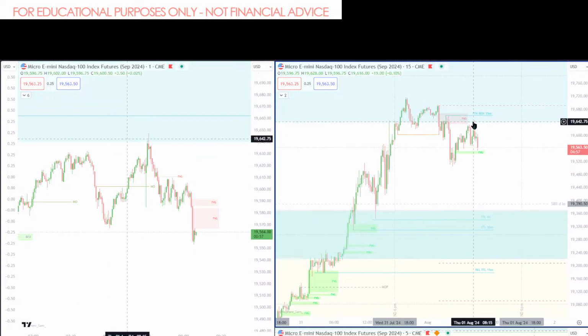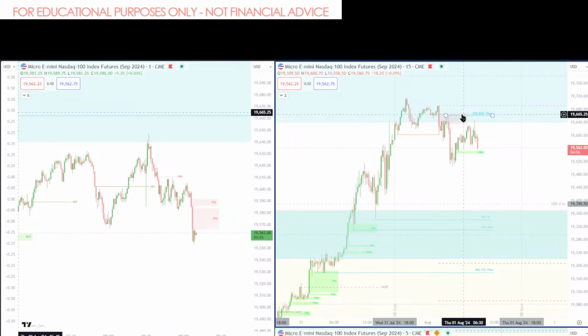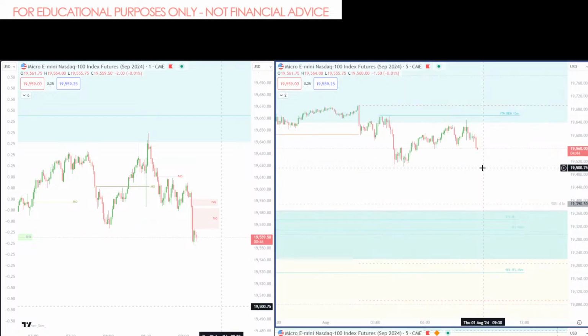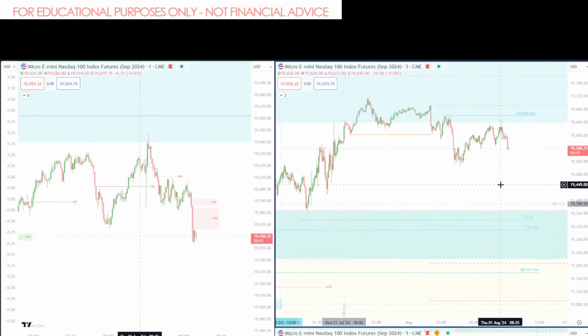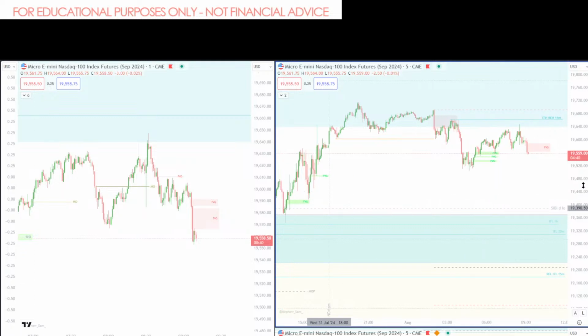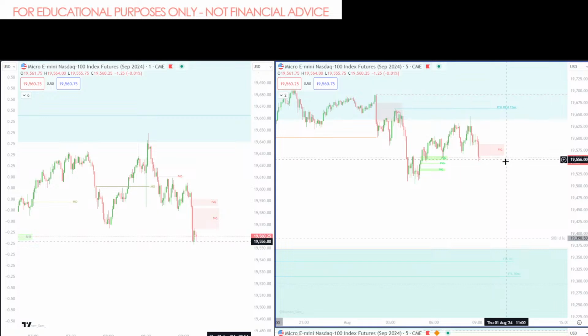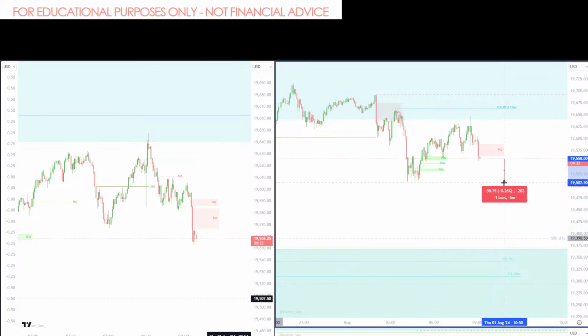So that's good too. We have this respecting the SIBI up there. Although, after coming back and rebalancing this SIBI, we're now displacing lower. Let's go to the 5 minute. I suppose we have an opportunity for, it was about 50 points here, possibly.